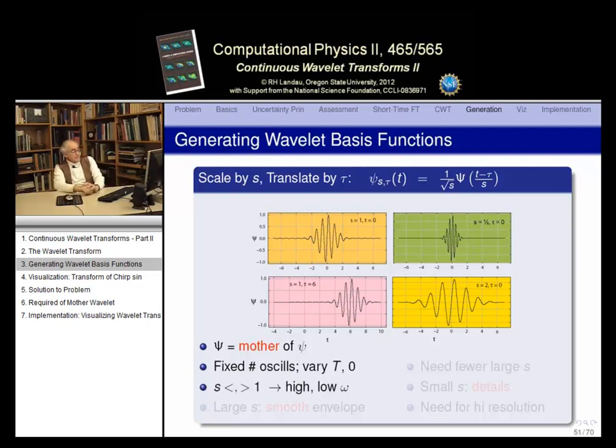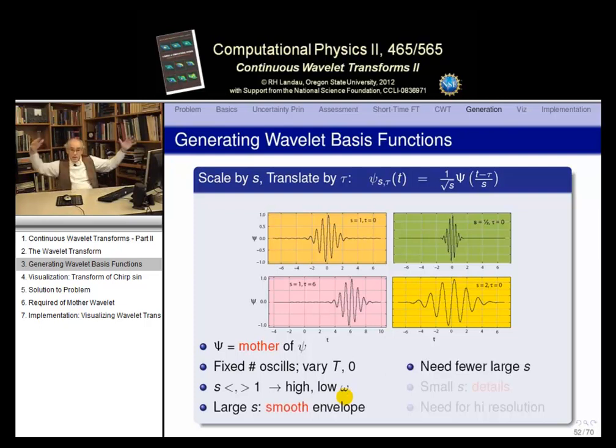Notice that there's a fixed number of oscillations in our example here, but for all of them in the wavelet, and therefore when we compress it or scale it, we obviously change the frequency. S values less than 1 correspond to high frequencies. S values greater than 1 correspond to low frequencies. As I said, it's easier to think of it just in terms of scale of a figure, details.